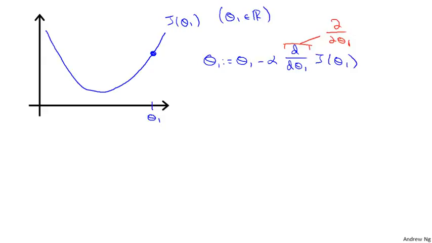Technically, in mathematics, we call this a partial derivative, we call this a derivative, depending on the number of parameters in the function J. But that's a mathematical technicality. So, for the purpose of this lecture, think of these partial symbols and d/d theta 1 as exactly the same thing, and don't worry about whether there are any differences. I'm going to try to use the mathematically precise notation, but for our purposes, these two notations are really the same thing.